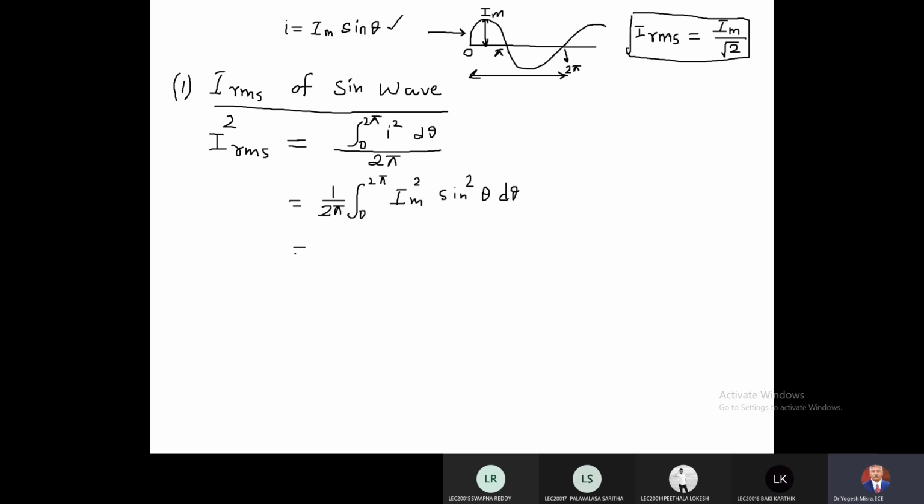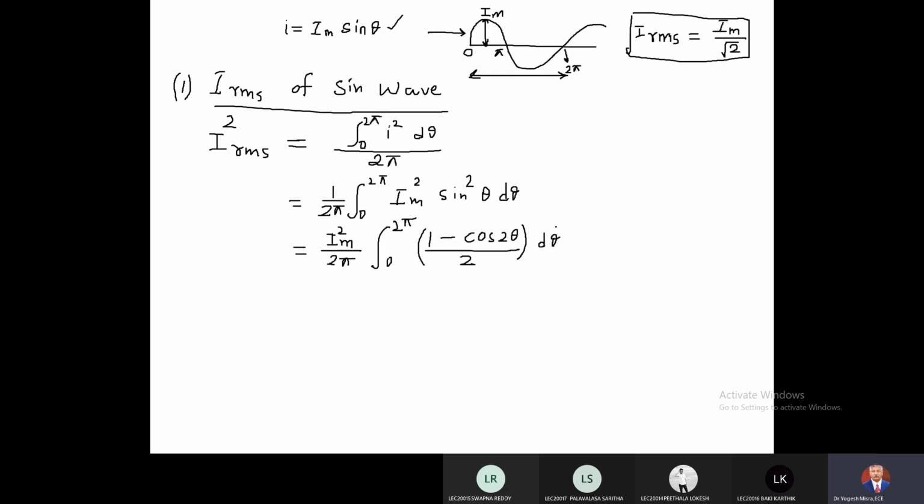Im is a constant value, so I will take it outside the integral. I will get Im square by 2 pi, with limits 0 to 2 pi, and inside we have sin square theta. Sin square theta you can write as (1 minus cos 2 theta) by 2. Whole of this I will put in the bracket, and here d theta.